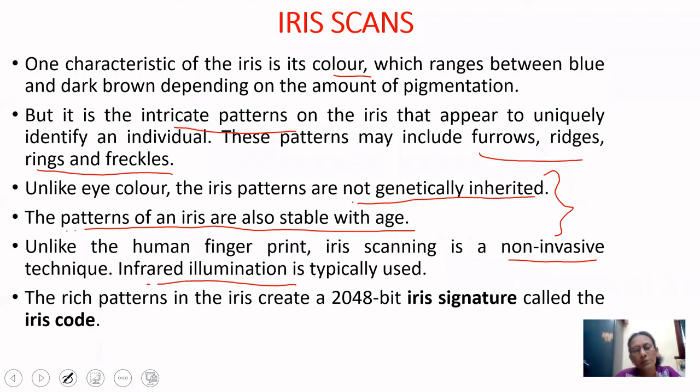The pattern available in the iris is brought down to a 2048 bit string, and this iris signature is called the iris code. In any iris scan, the iris code is taken and stored, and it is used for biometric recognition.